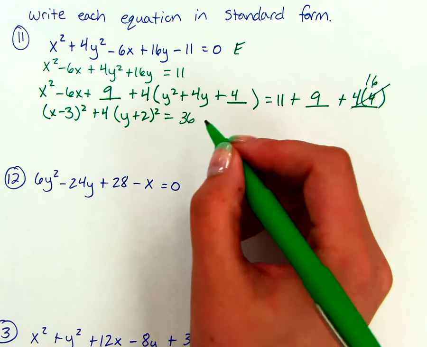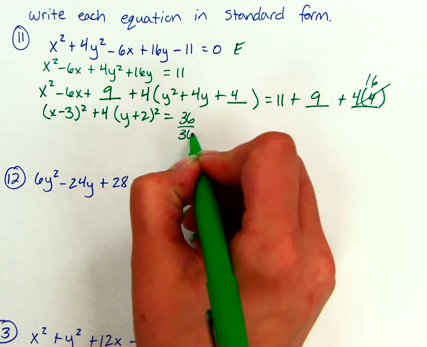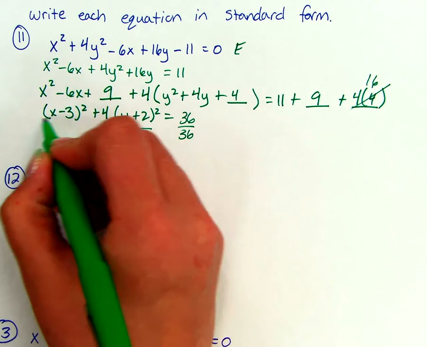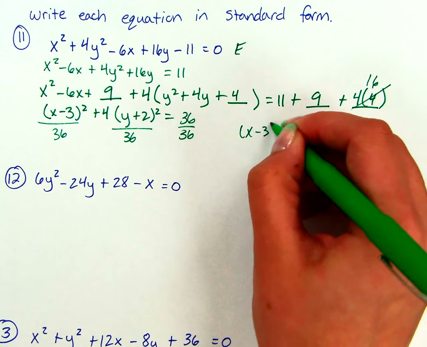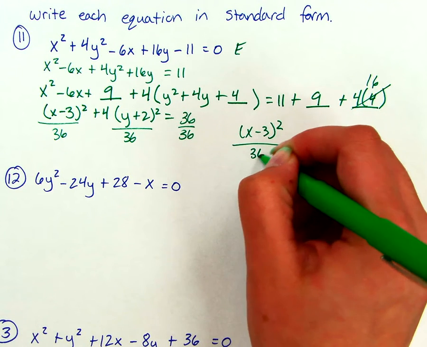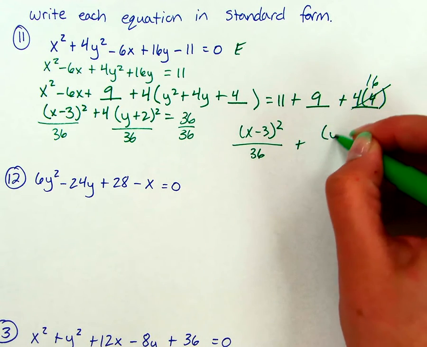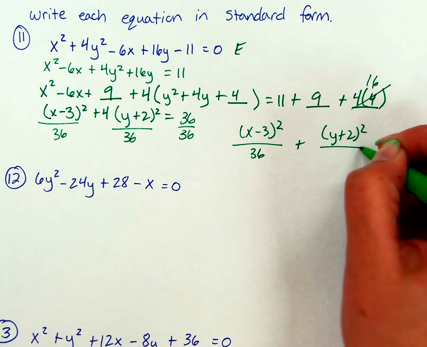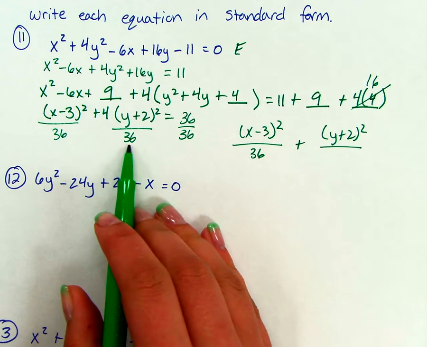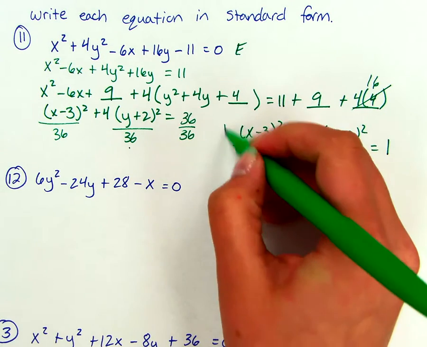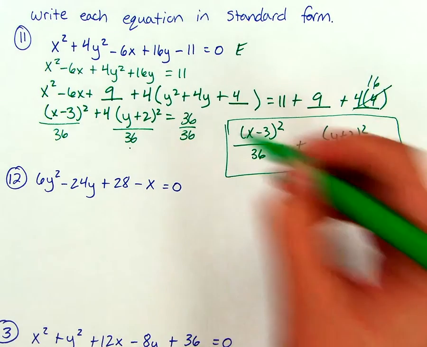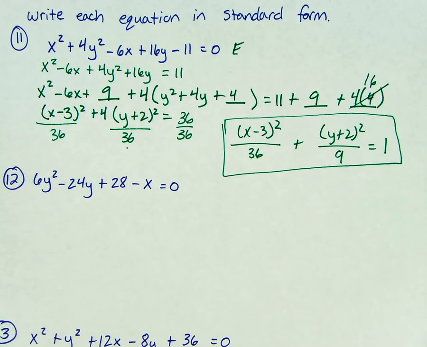And then since it's an ellipse, it needs to be equal to 1. So we're going to divide everything by 36. So we will have x minus 3 squared over 36 plus y plus 2 squared over, and then 4 over 36 reduces to 9, equals 1. So this would be our equation in standard form for the ellipse.